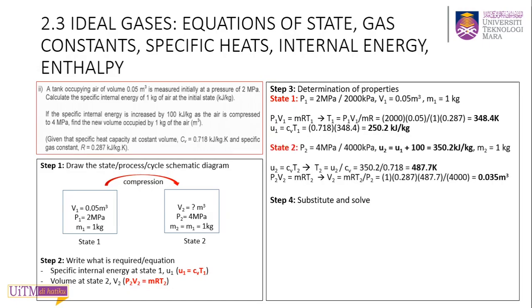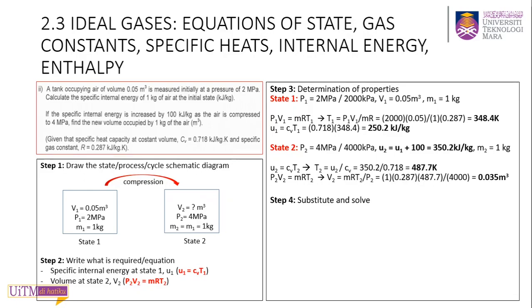And for state 2, from the question, we know that the internal energy after the process has increased by 100 kilojoules per kg, which means that U2 equals U1 plus 100, which gives us 350.2 kilojoules per kg.